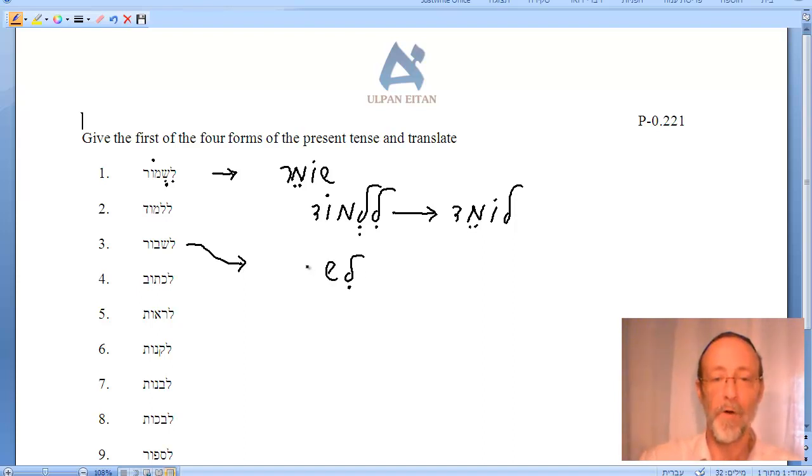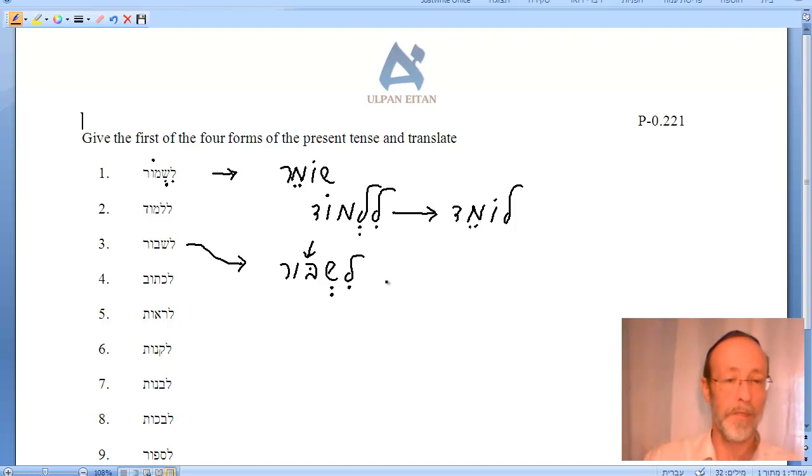And the concept that I'm calling to your attention is the fact that in this infinitive, the bet is pronounced just like that, with the B sound, lishbor. Incidentally, the verb means to break, but purely incidentally, because we're focusing on the mechanical aspect of how to deal with this word and learning how to use it effectively.